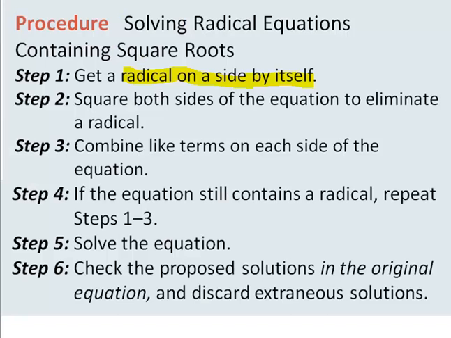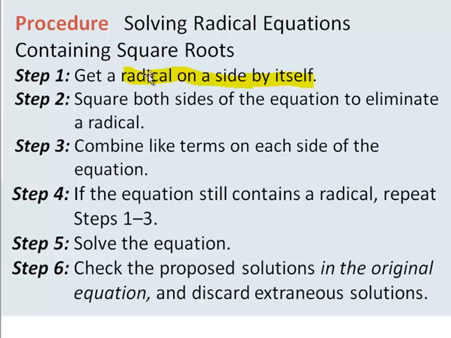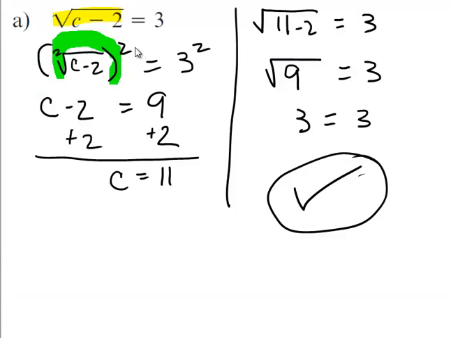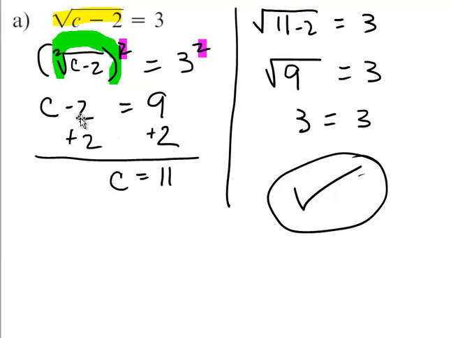So let's take a quick look at back here. We got the radical by itself. That was already set up that way. We squared both sides of the equation to eliminate the radical. So we did this and this. We combined like terms on each side of the equation, so we got all the variables on one side and all the numbers on the other.